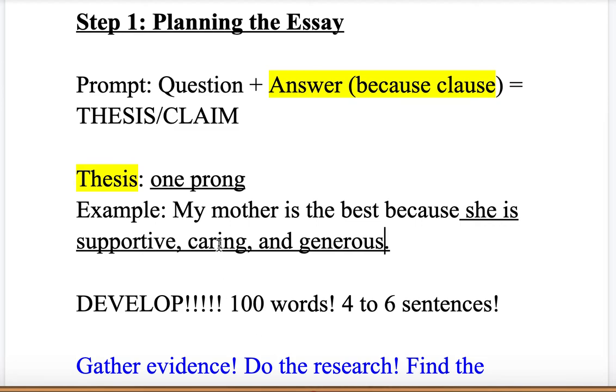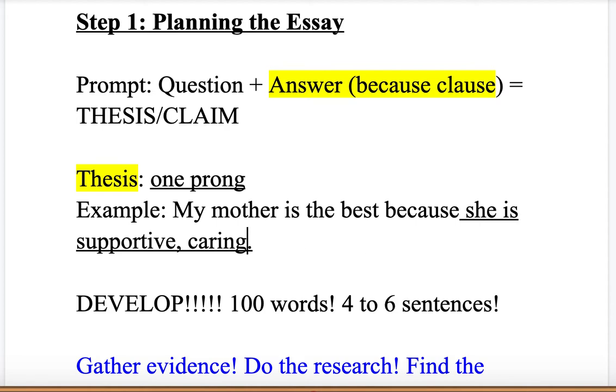Caring would need 3 pieces of evidence, 100 words explanation, 100-word explanation. And generous would need 3 pieces of evidence, 100 words to explain each of those pieces of evidence. So that's 300, 600, 900. You would have written a 1,000-word paper in order for it to be successful.